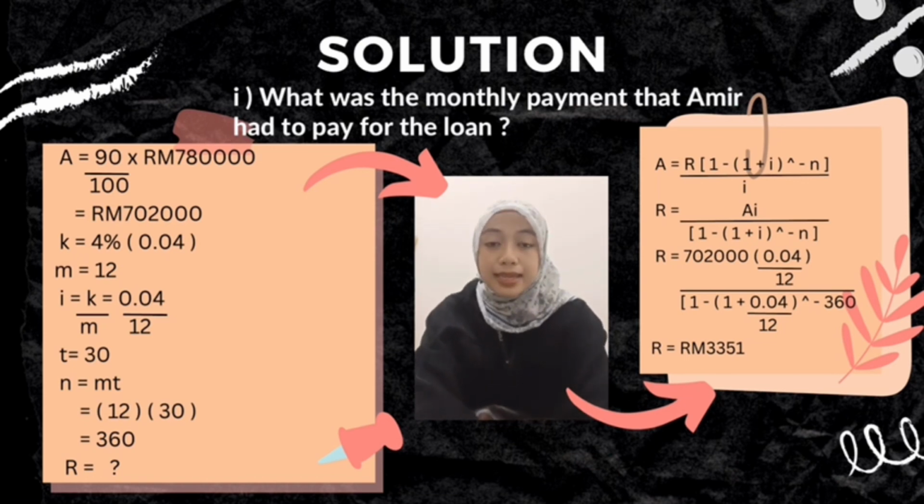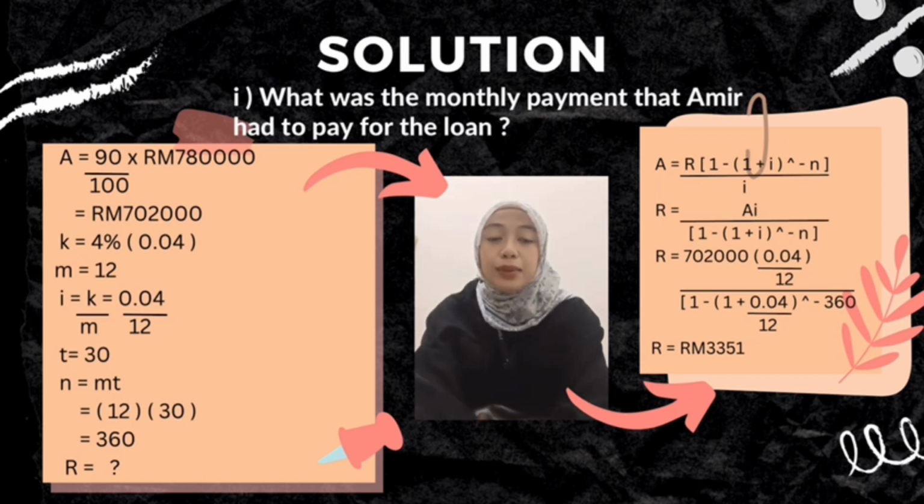So the question asks us to find R, which is the monthly installment. So the formula is A equal to R times [1 minus (1 + i)^(-n)] over i. R equal to A times i over [1 minus (1 + i)^(-n)].